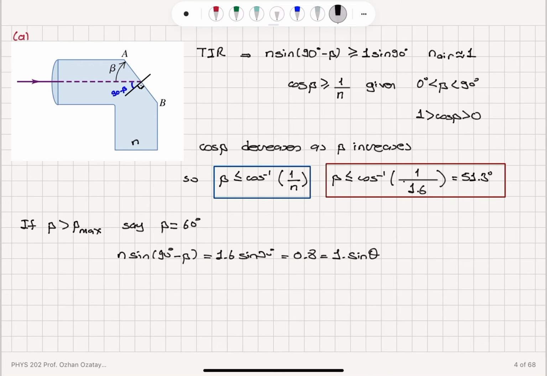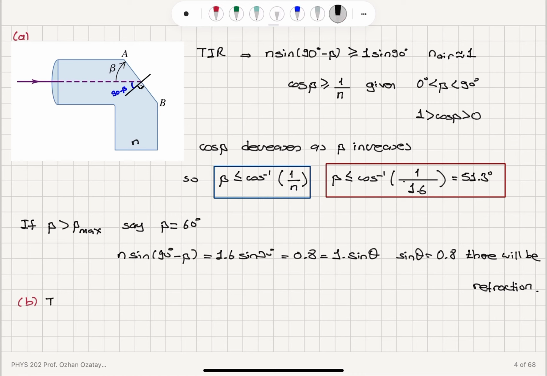And I would find that sine theta is 0.8, which means there will be refraction. So I conclude that beta cannot be greater than 51.3 degrees. Now in part B, we're changing the medium outside.